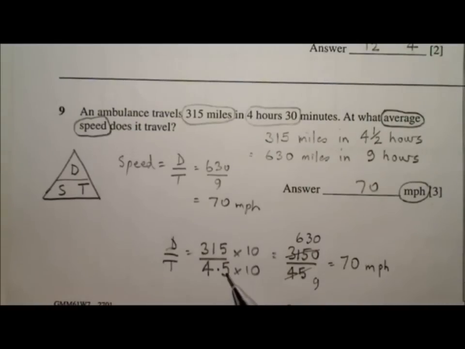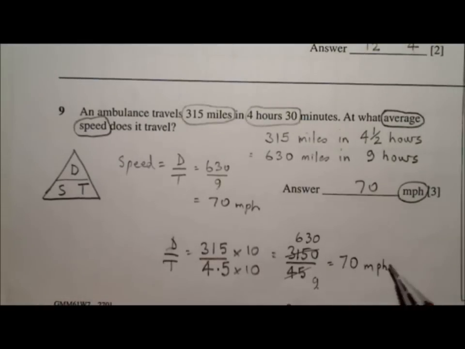Multiply 4.5 by 10, changes that to 45, and then you could start looking for numbers that divide into the top and bottom. So 5 divides into 45, goes 9 times. 5 divides into 3150, which is 630, and then 9 divides into 630 to give you the answer 70.